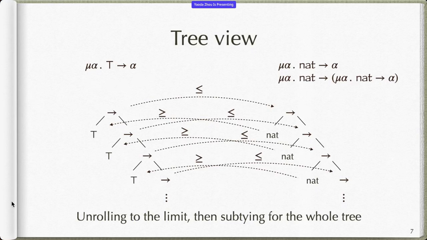And the tree on the right-hand side is the unfolded tree for type mu alpha. nat to alpha, and it can also be the unfolded tree for its one-time unfolding, which is essentially nat to a recursive type, which is mu alpha. nat to alpha. And both subtyping relations will hold in the sense of equi-recursive subtyping.